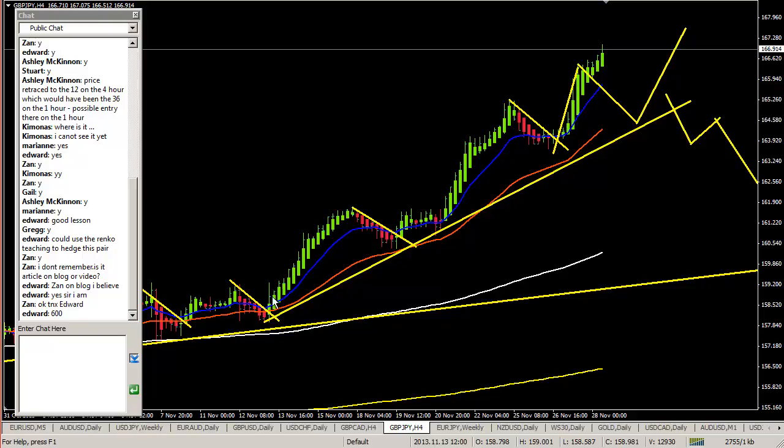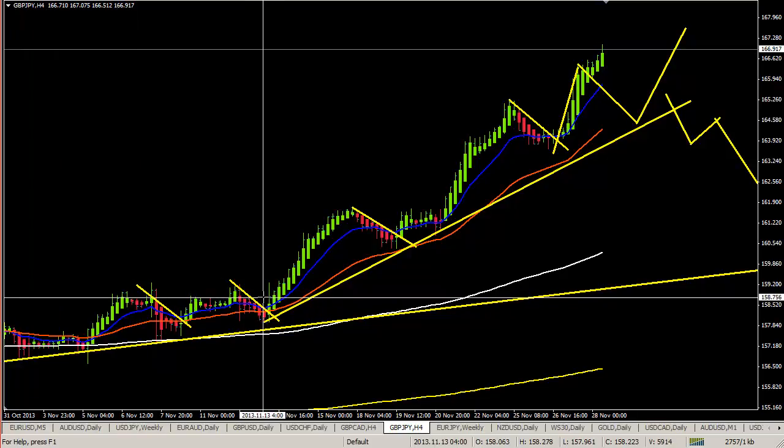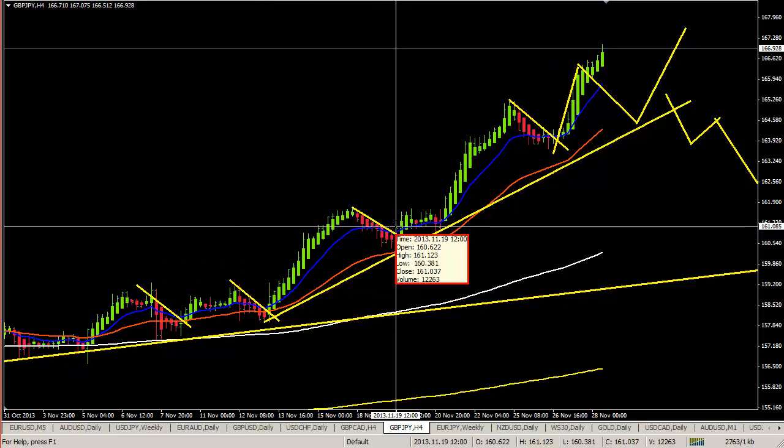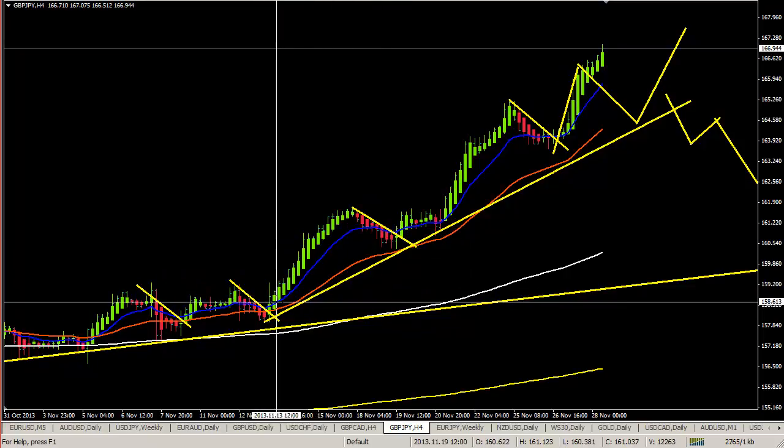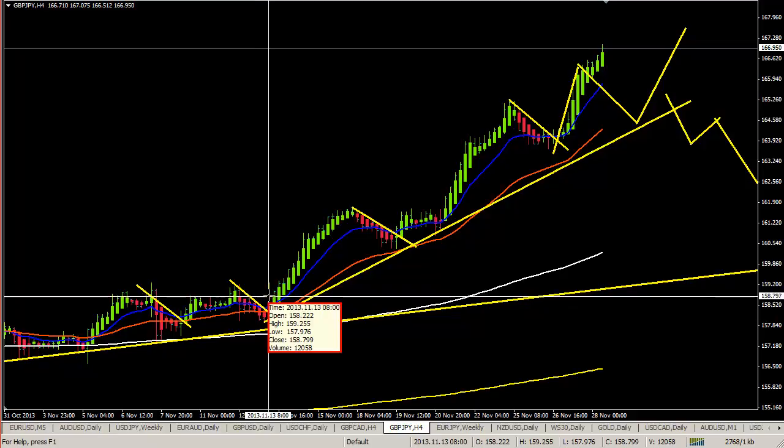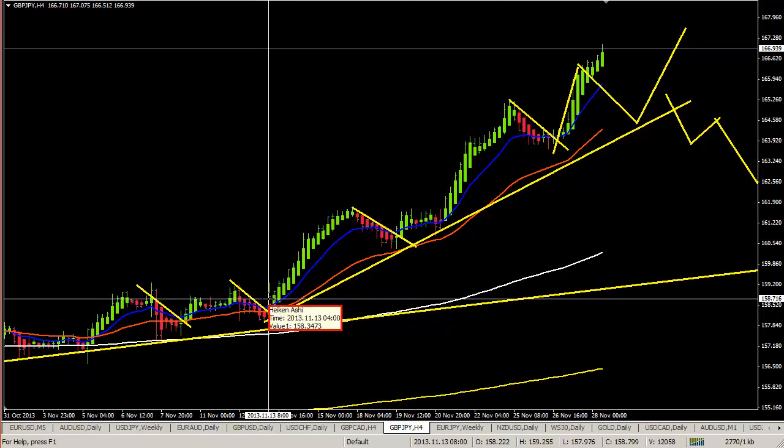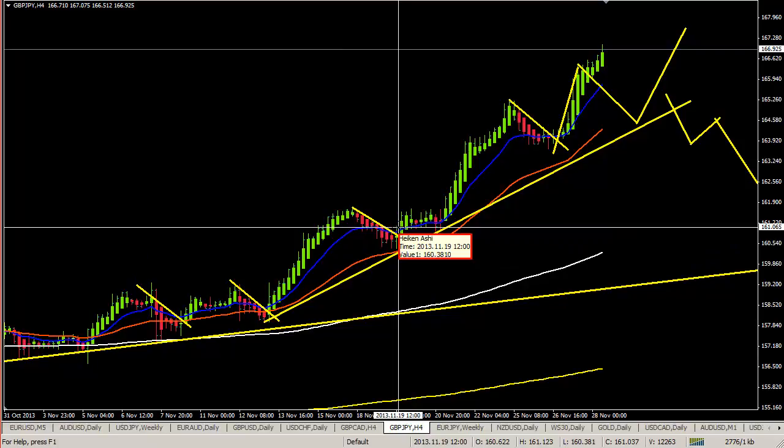Okay, so what was your entry? Was it here? Probably here on the 4-hourly chart, or was it later on up here? I was not sure. I think Mark had entries from down here, and Louis as well, and Edward, I'm not sure. What was your entry down here, or was it the second 4-hourly setup?